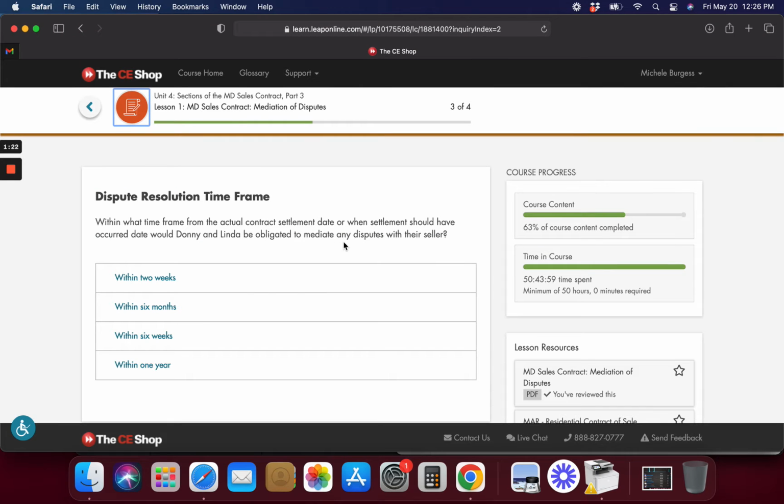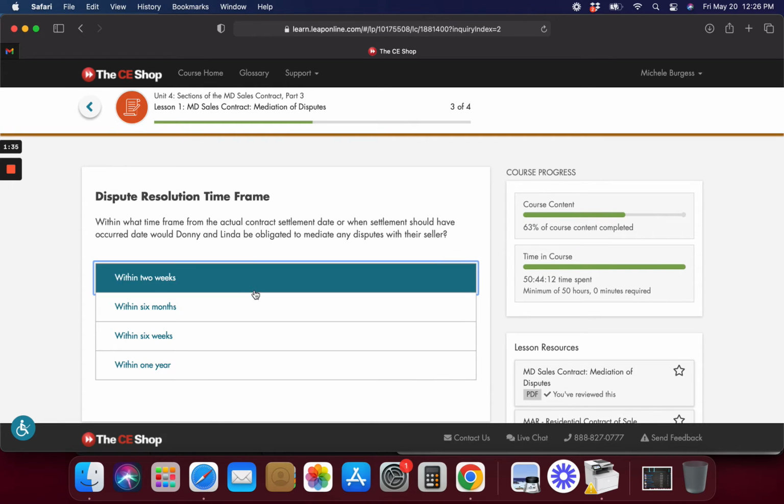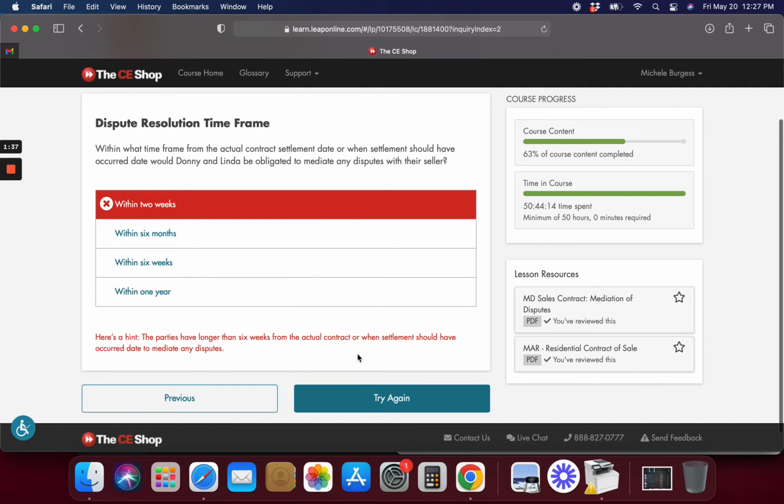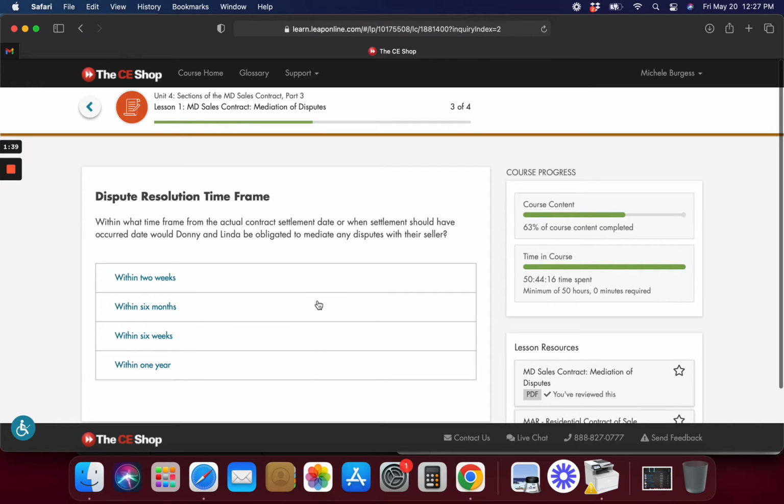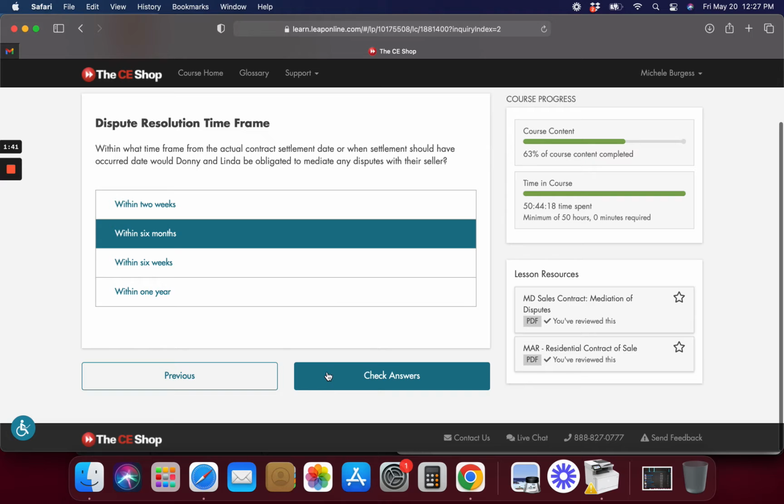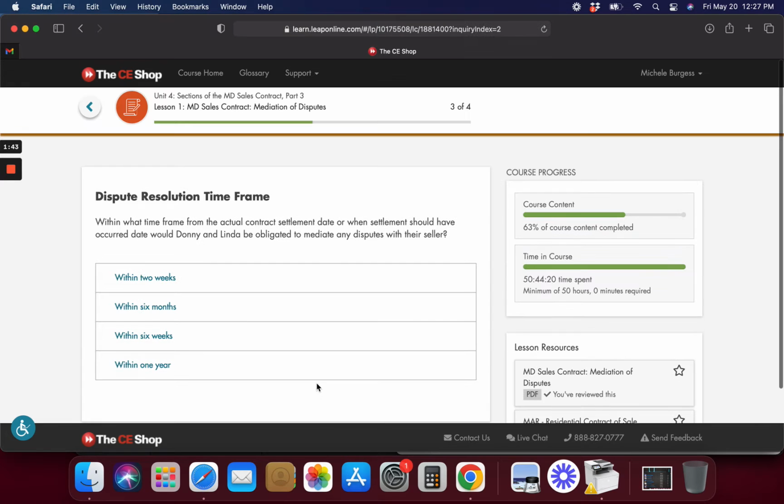Okay. All right. What time frame from the settlement date, or when settlement should have occurred, are they obligated to mediate any disputes? I'm saying within 2 weeks. 1 year is pretty long. You're going to keep this going for a year? All right. Well, 6 weeks.